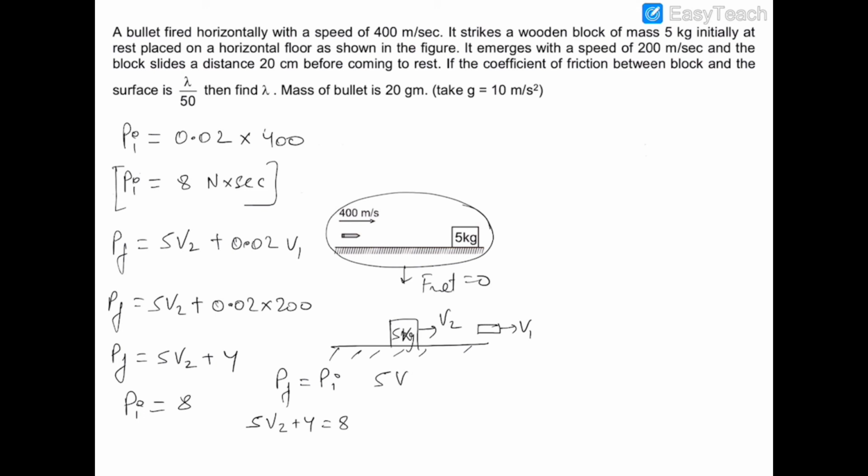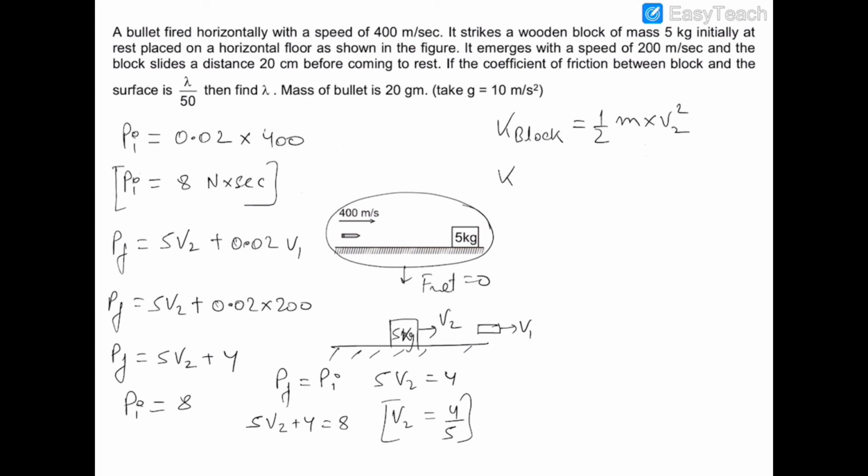So 5v2 is equal to 4. Now v2 is equal to 4 upon 5. This is the velocity v2 of the block. Now it is also given that the block moves by a distance of 20 centimeter before coming to rest. So at this point of time the kinetic energy of the block is equal to half mv square.